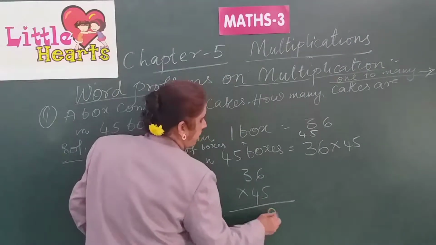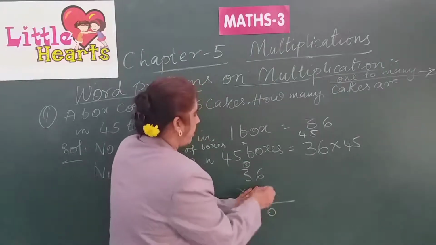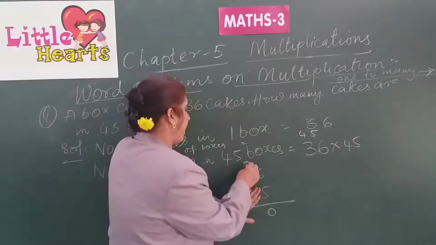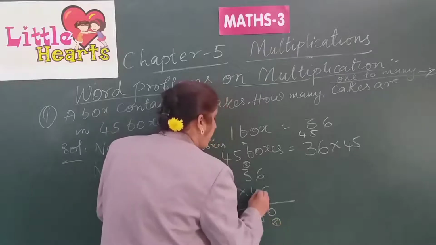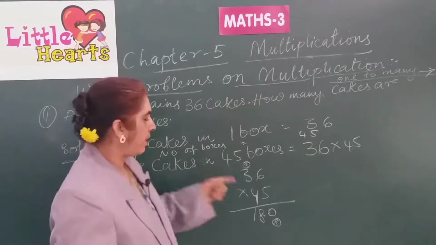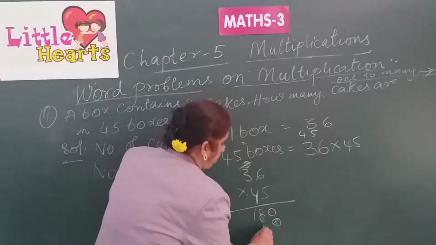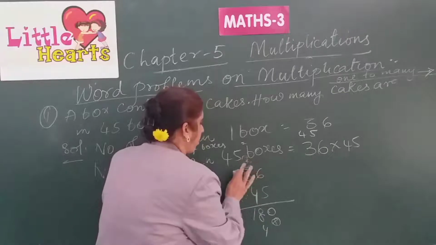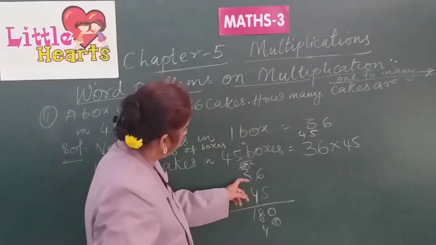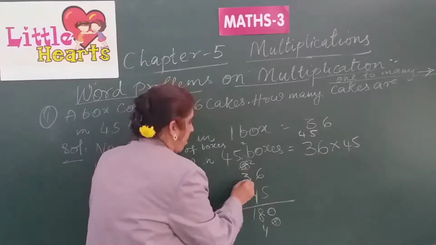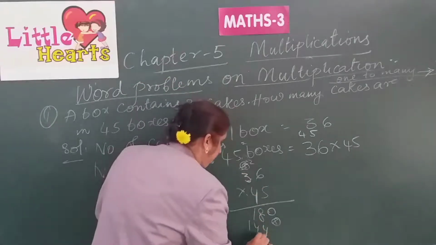5 sixes are 30, carry 3. 5 threes are 15 plus 3, 18, 180. Now put ones place digit vacant when you multiply by the tens place. 4 sixes are 24. 4, carry 2. 4 threes are 12 plus 2, 14.